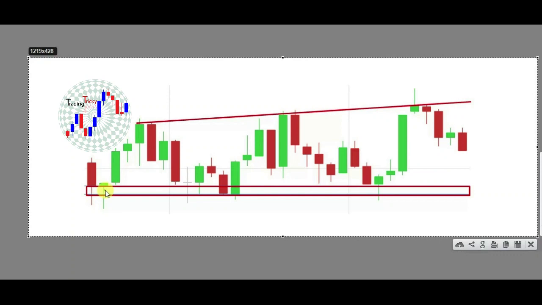But here you can see strong rejection, candle close at the levels, again rejection, made a new low, but the candle closed at the level. So you need to remember all these points so that in the coming session you will understand everything more clearly.